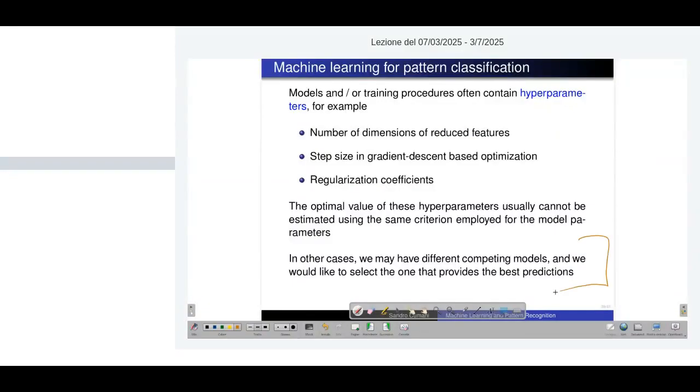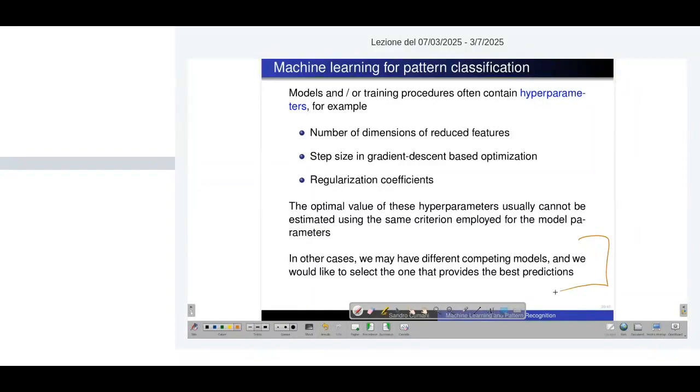Another case where we have something that is not a hyperparameter, but we have a similar problem, is when we have competing models and we want to decide which one to use. For example, we will see today that dimensionality reduction can be used to simplify classification, but the amount of dimensionality reduction that I apply may influence how good the classifier is. So should I apply it? Should I skip it because the classifier is good enough and dimensionality reduction will just throw away useful information?